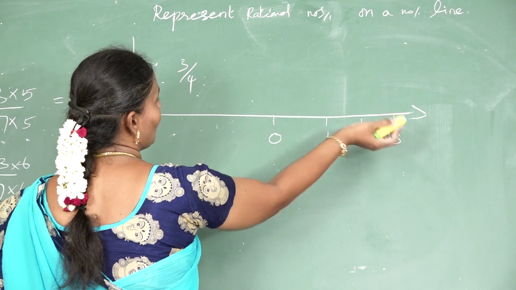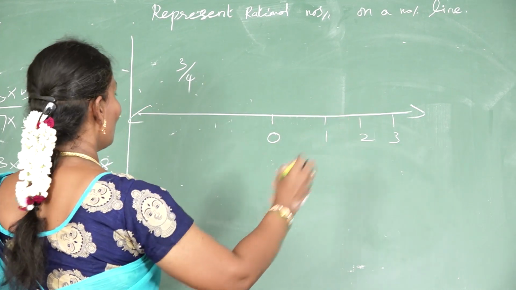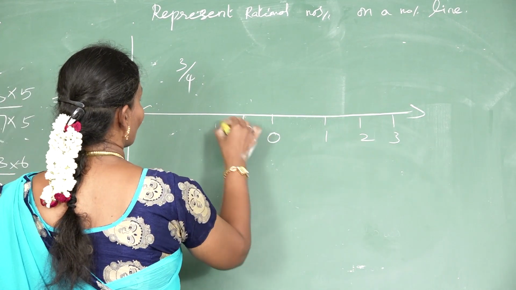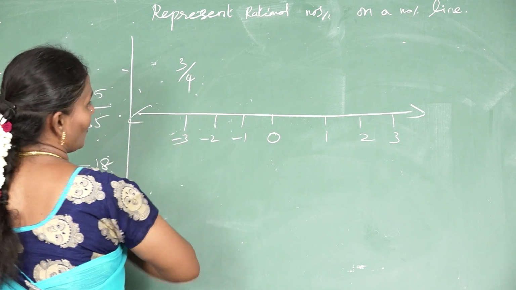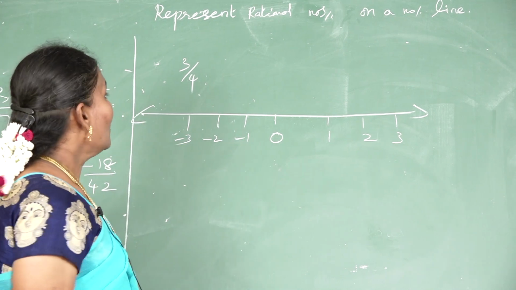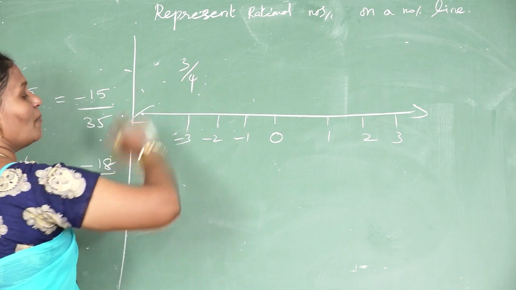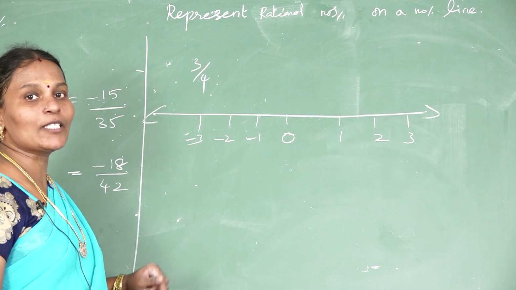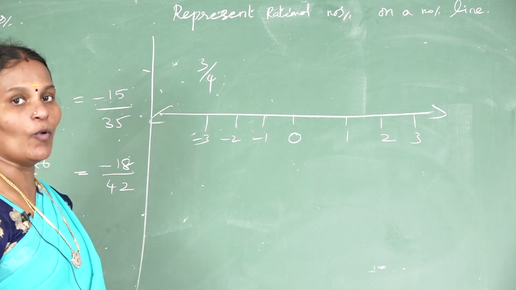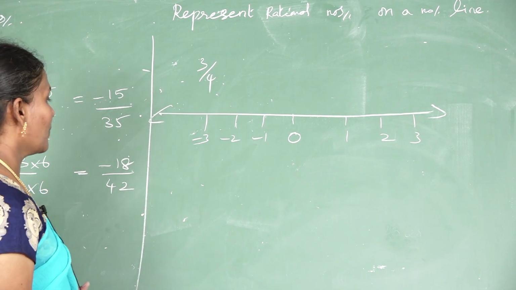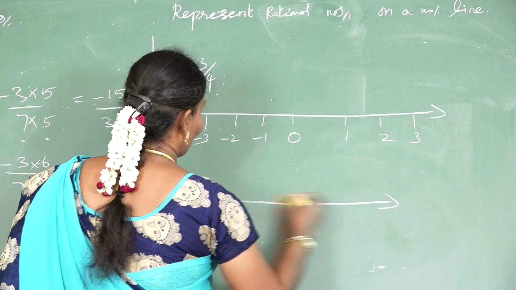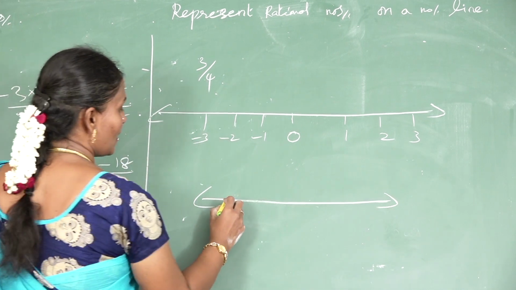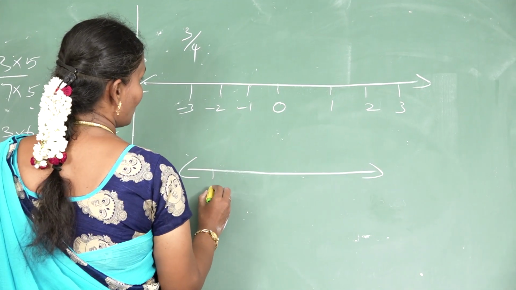Now, the right side of the 0 is positive, and the left side of the 0 is negative numbers. Okay. So, this 3 by 4 is a proper fraction. This proper positive fraction always lies between 0 and 1. Okay. Now, see. This 3 by 4 is represented in between 0 and 1.